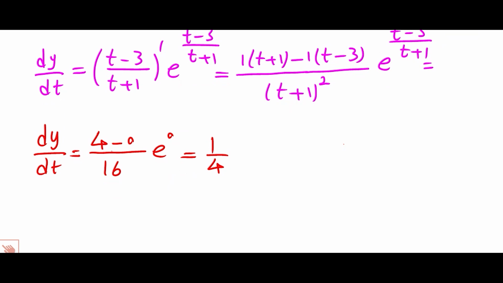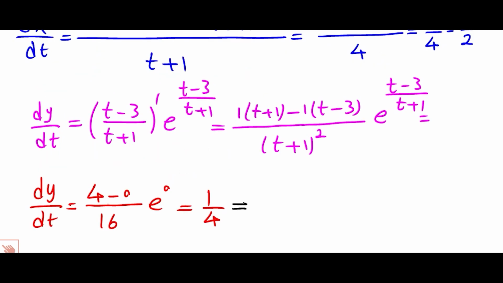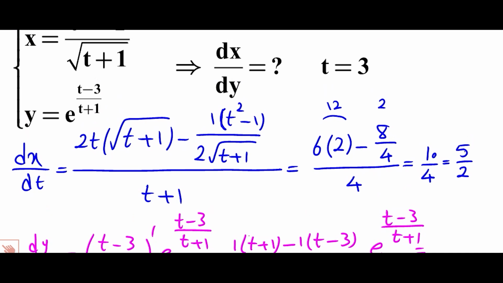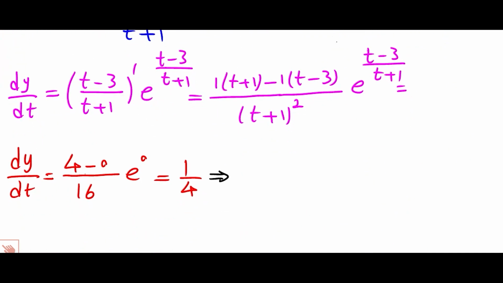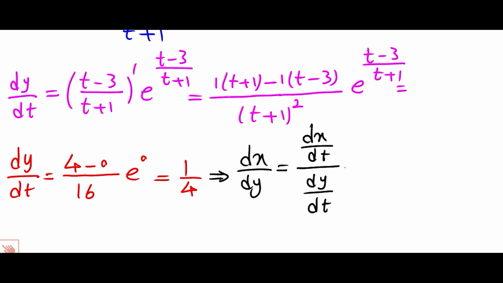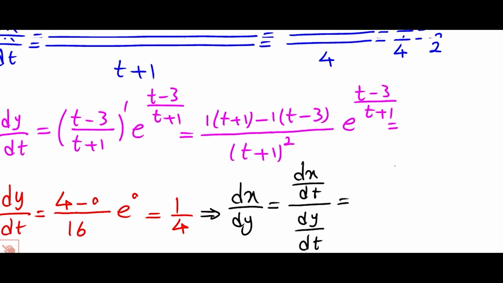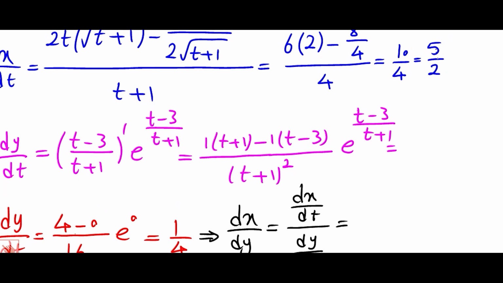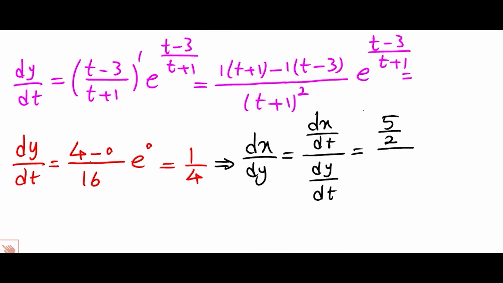Okay, so for the final answer, our goal is dx/dy. We have dx/dy equals dx/dt over dy/dt. So we have dx/dt equals 5/2 over dy/dt equals 1/4. So we have 20 over 2, or 10.